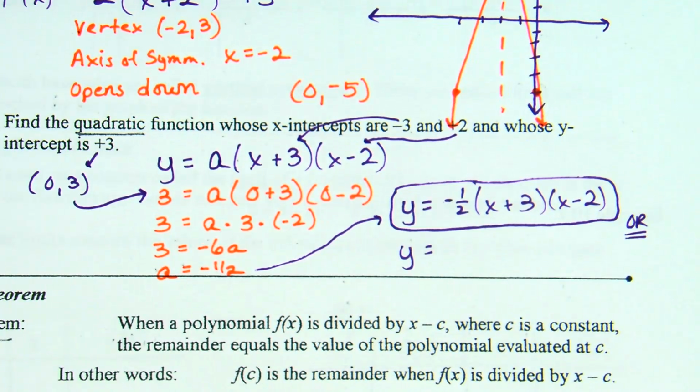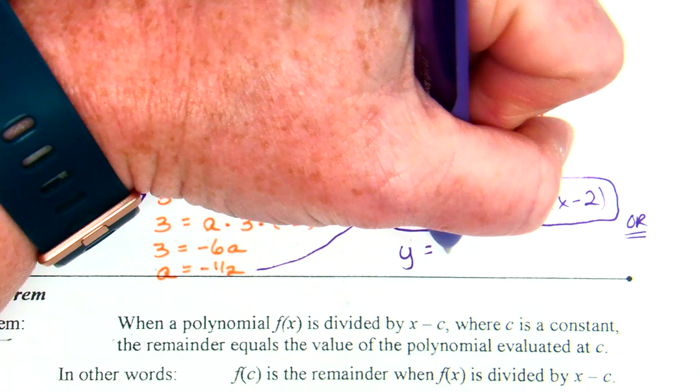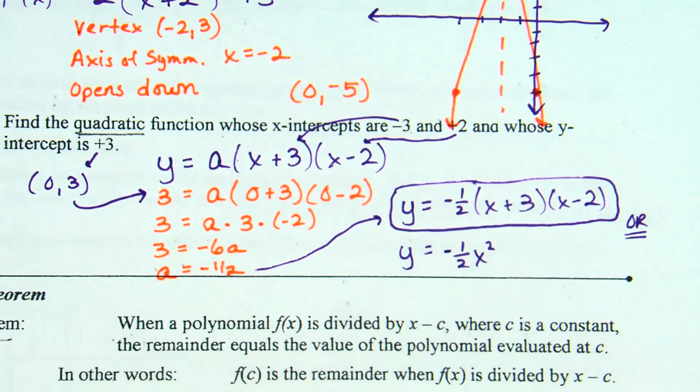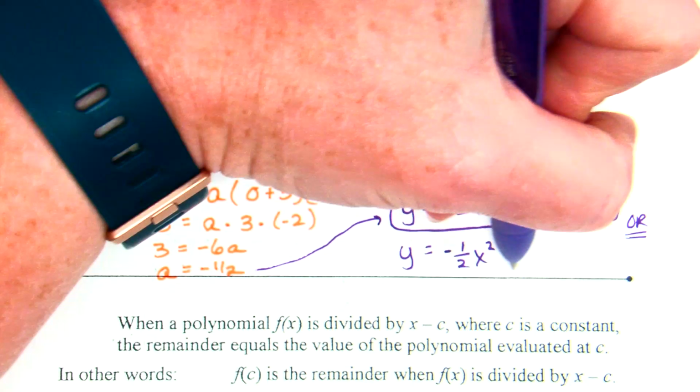Okay, well, x times x, x squared. If I go ahead and multiply by negative 1/2, that's going to be negative 1/2 x squared, right? Now do your outsides, insides. Outsides and insides are going to be 3x and negative 2x, which is 1x, times the negative 1/2 is going to be minus 1/2 x.